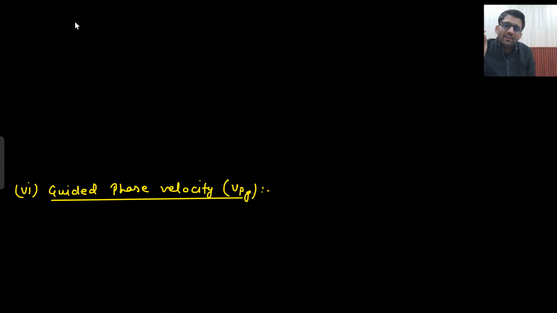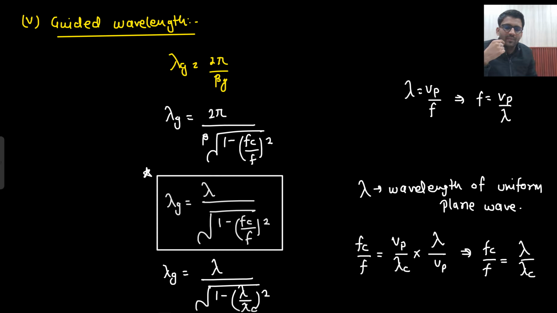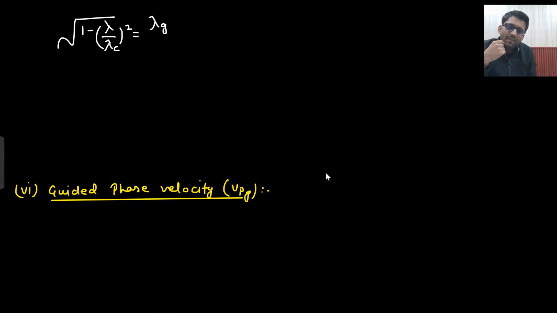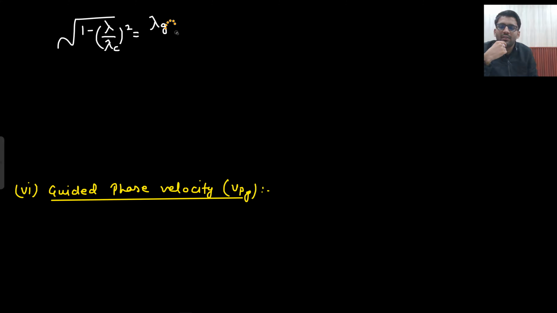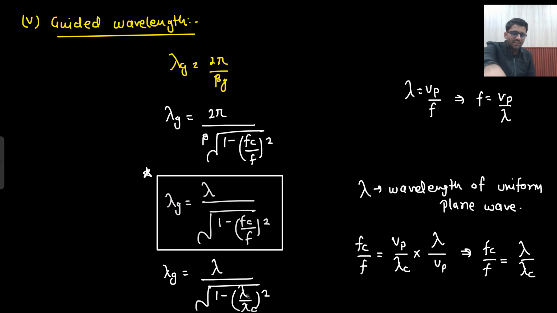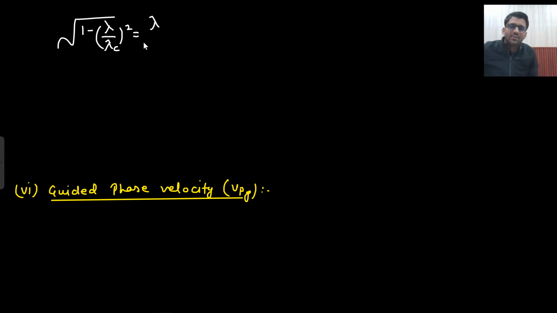So under root 1 minus lambda by lambda c whole square is equal to lambda by lambda g. I have just taken this lambda g here and this here, divided by lambda g.